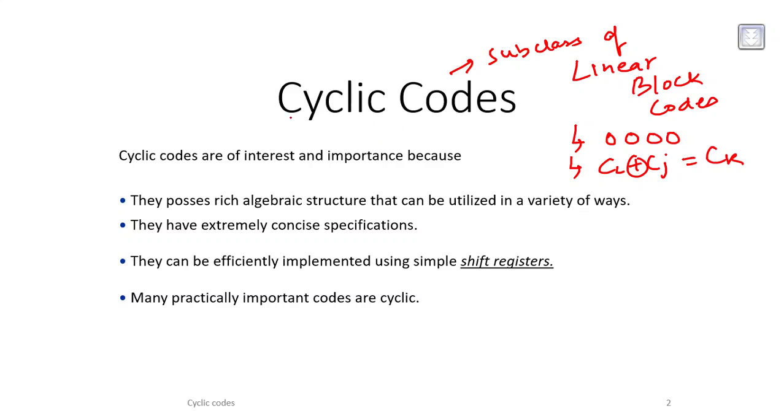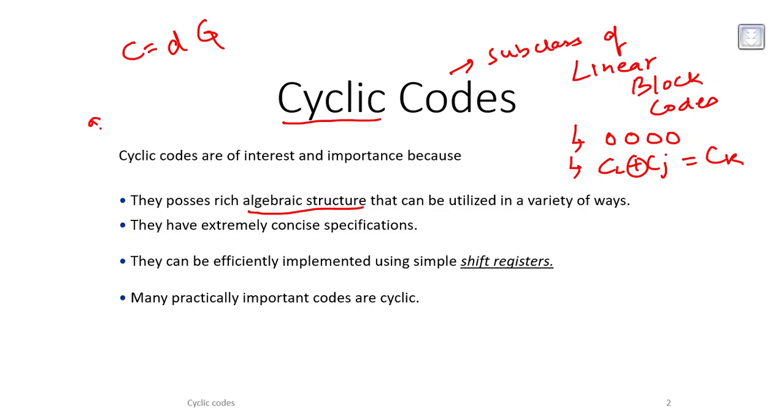So why are we going for cyclic codes? Because if we go for higher order code words, if we remember that in linear block codes we have to multiply our data vector with the generator matrix to get a code word. So if we are going for higher order code words, the matrix size will increase and it will be very tedious. So in cyclic codes we are going for the algebraic structure.